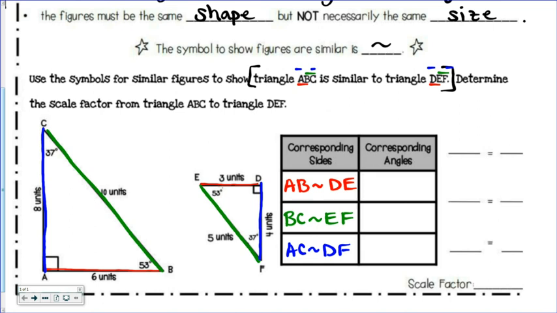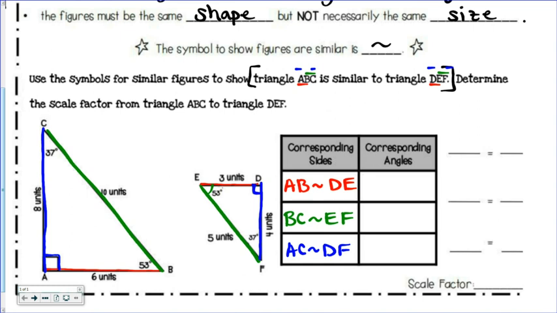Okay, the second method, other than your key, is to look at the given information and pick out parts that are important to you. So if we're looking at our right angle first, take your right angle on both triangles, and you can look at the side that is directly across from those 2. So across from the right angle, we have BC, and across from a right angle on our smaller triangle is EF. So those are similar to each other. Also, you can look at the ones that are connected.